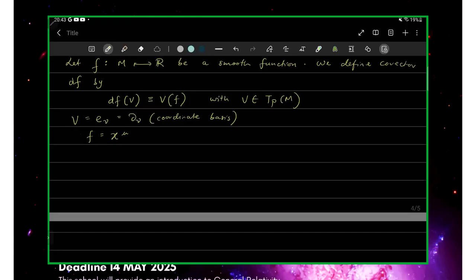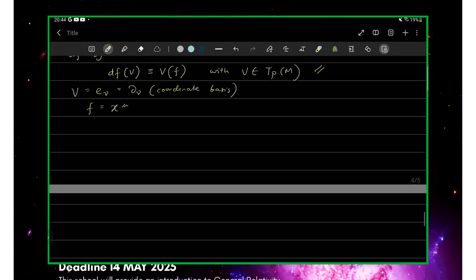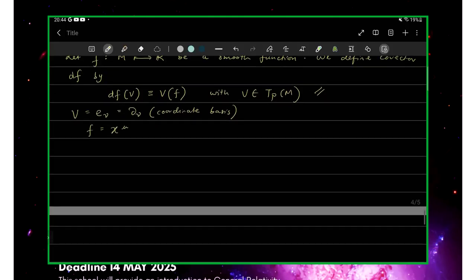So what we're trying to do now is see what this definition actually means by taking a particular example, where we set the vector v as just the coordinate basis del_nu, and taking f as x^mu, just a very simple example.